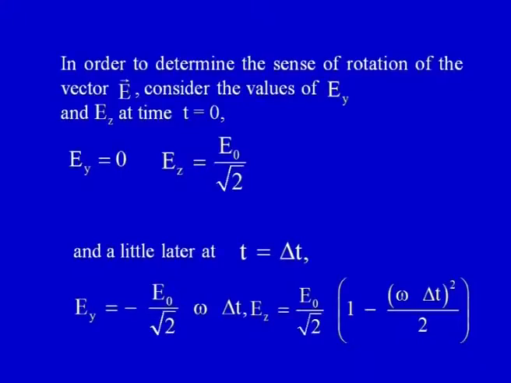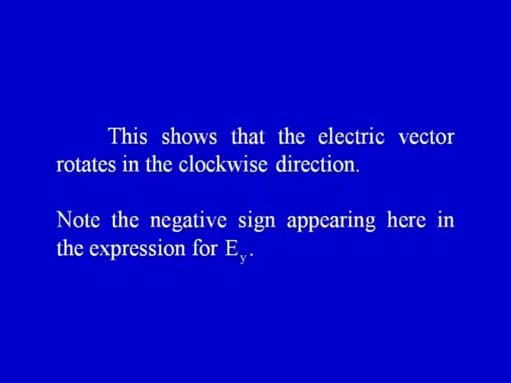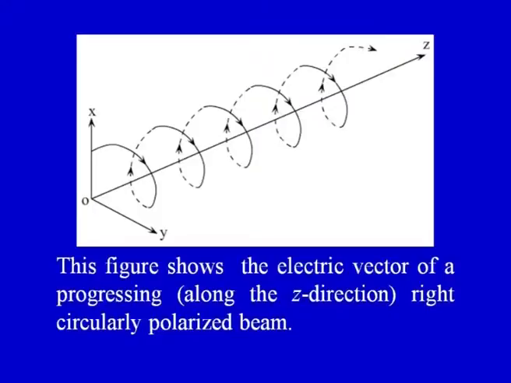A little time later, at t equal to delta t, Ey is equal to minus E naught upon square root of 2 times omega delta t, and Ez is equal to E naught upon square root of 2 times 1 minus omega delta t square upon 2. The electric vector E has again increased, but in the other direction, and the Ez component has slightly decreased, and this shows that the electric vector now in this case rotates in the clockwise direction. This figure shows the electric vector of a progressing right circularly polarized beam.